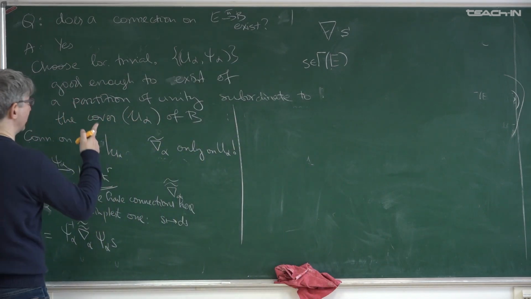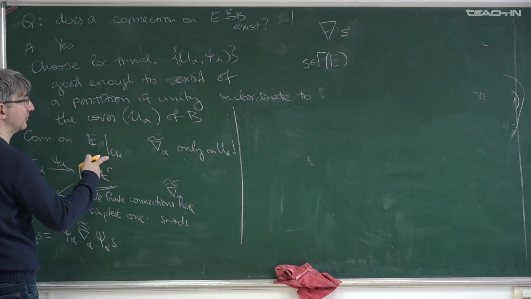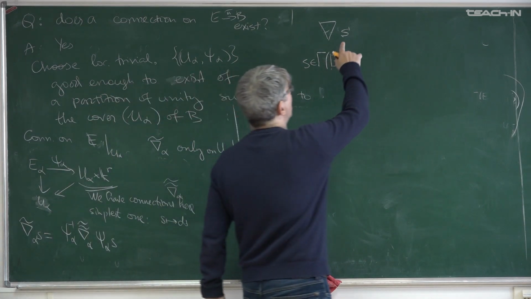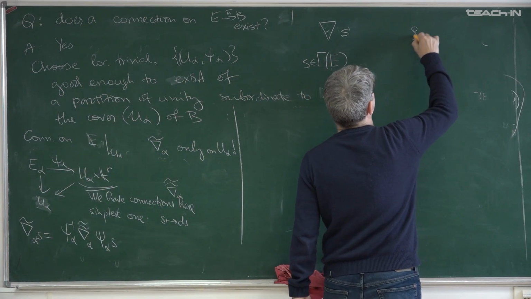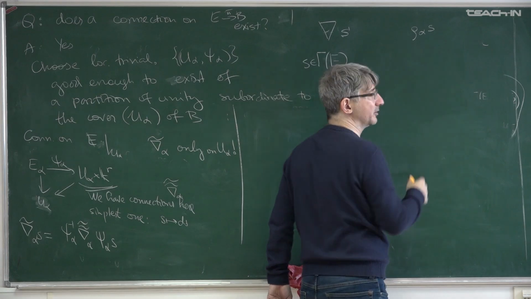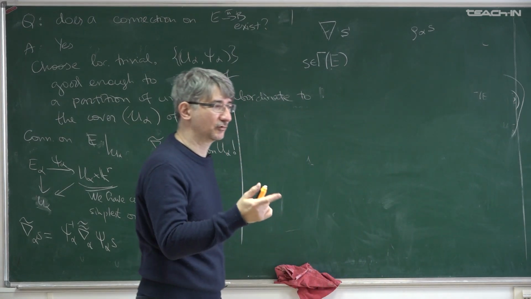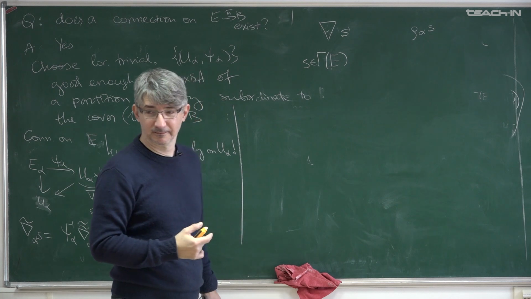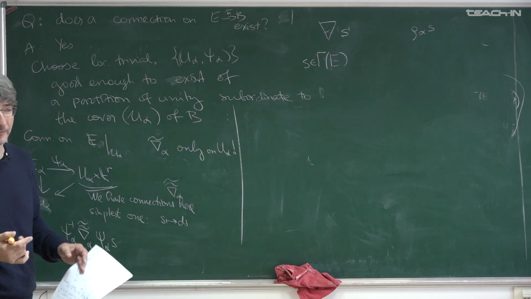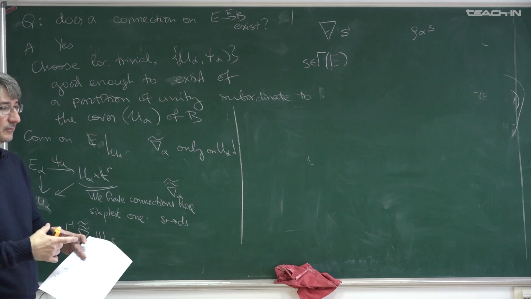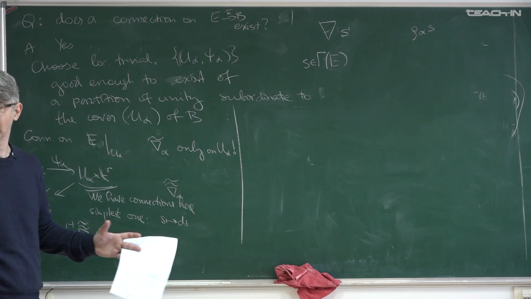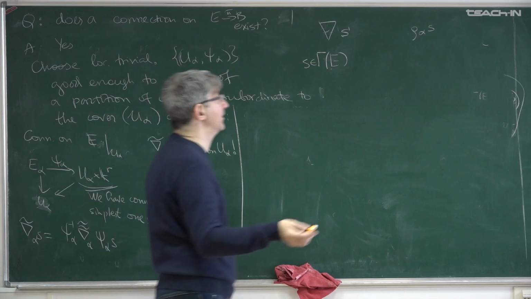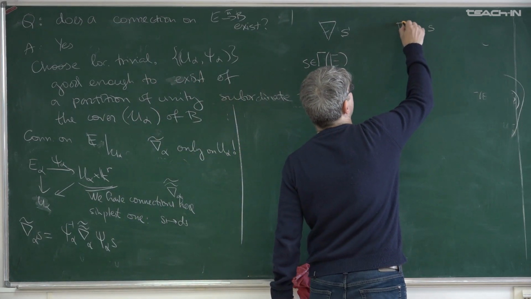Because I know local connections, so I want this thing to become local. What I do, I multiply this section by rho alpha. What do I obtain? Would you tell me, please? What is it? We can consider this as a section over U alpha, because outside it's trivial. Nothing happens outside. Now I can apply the connection here.